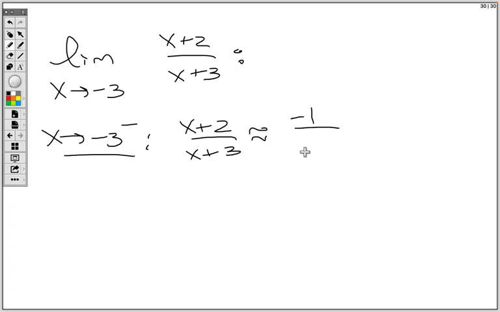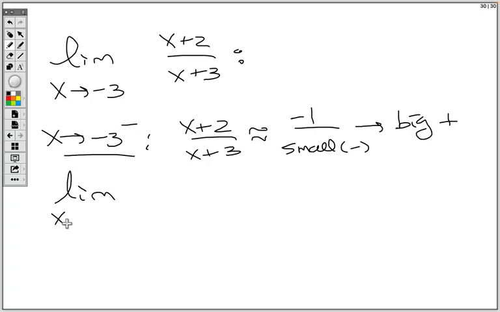This is going to be a small but negative number down here, which is going to turn into a big positive. So that tells us that the limit as x goes to negative 3 from the left of f of x is going to be infinity.